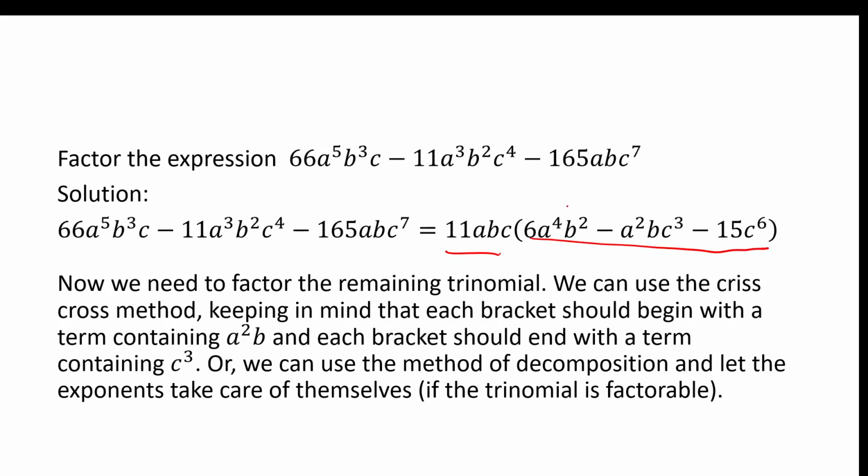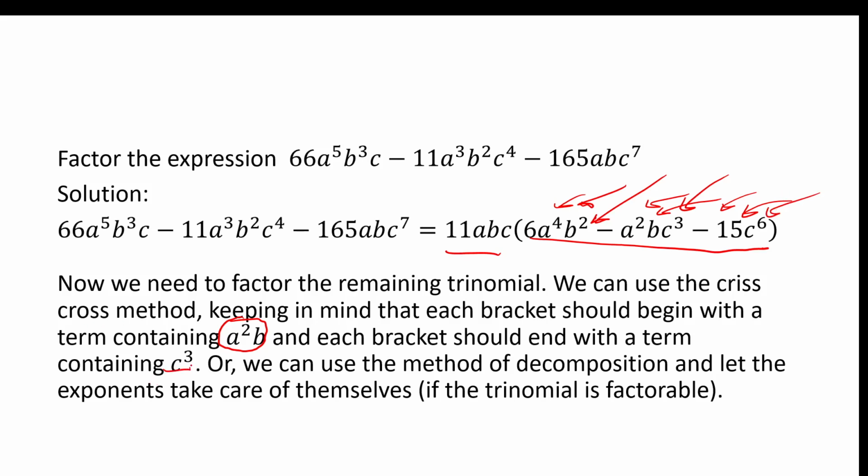And since the a is descending from 4 to 2 to 0 exponent-wise in that trinomial, and the b is descending from 2 to 1 to 0 exponent-wise in that trinomial, we will begin each bracket from that trinomial with an a squared b term. And since the c is ascending from c to the 0 to c to the 3 to c to the 6, we're going to end each term with a c cubed term.